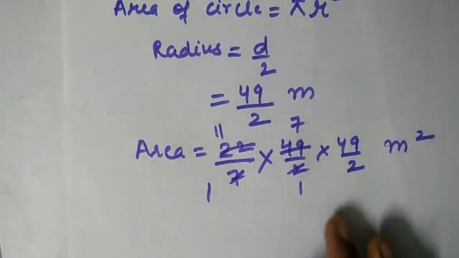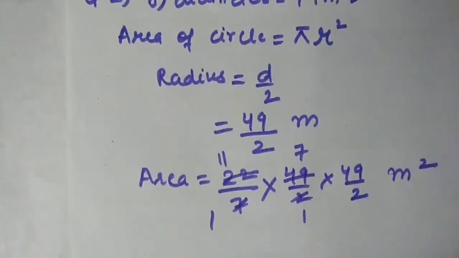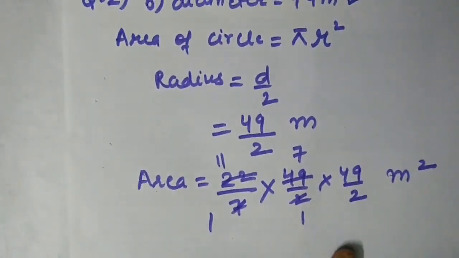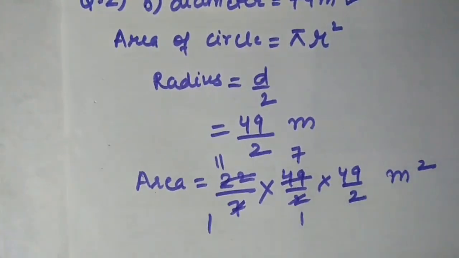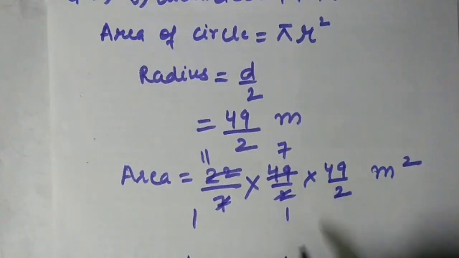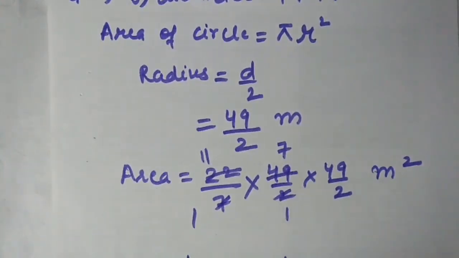Now exercise 11.3 is based only on these two concepts, how to find the circumference and how to find the area of a circle. So you have to do the questions of exercise 11.3 as homework. I have explained the concepts.